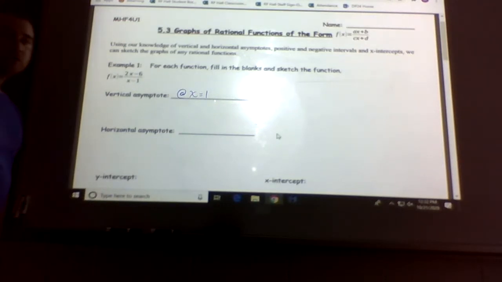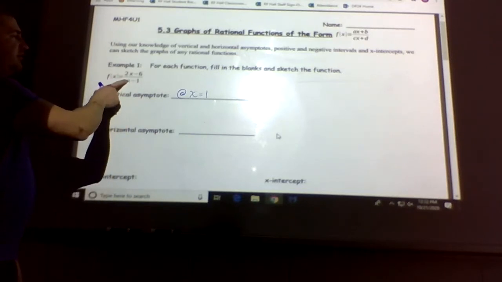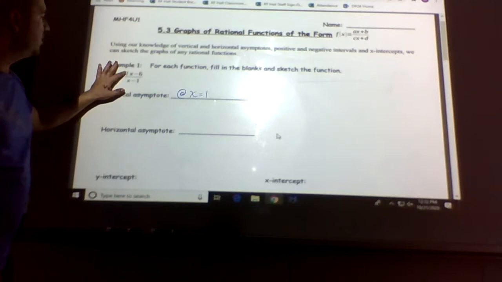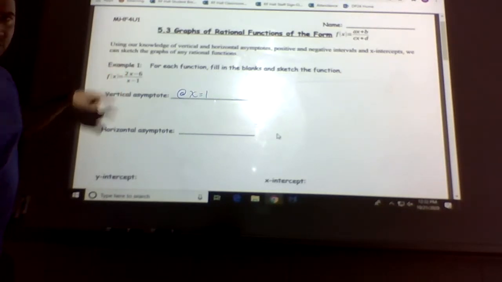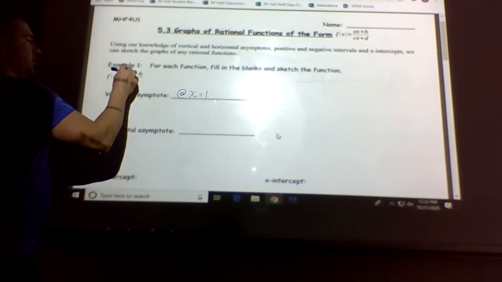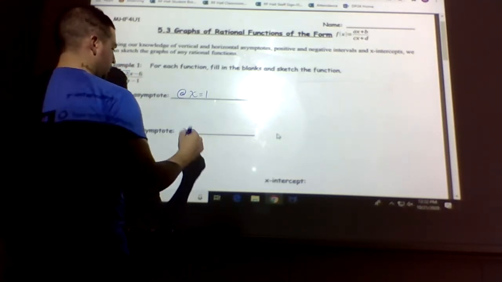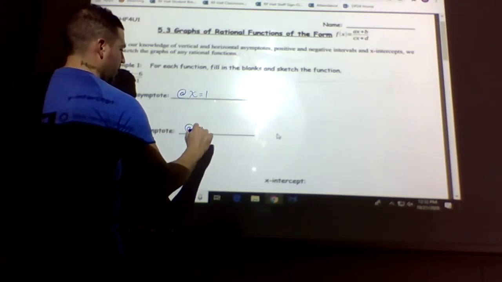Our horizontal asymptote, which we learned in yesterday's lesson, is this: if the exponents in the numerator and denominator are the same, or less on the top, then we divide the leading coefficients. So the coefficient is 2 divided by 1, which is 2. So we have a horizontal asymptote at y equals 2.